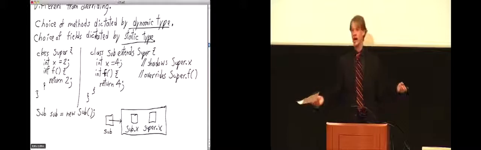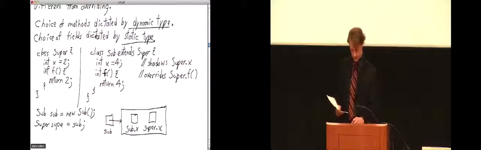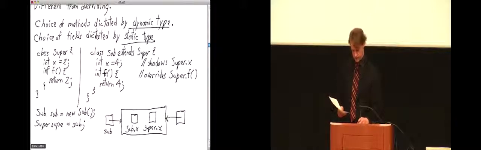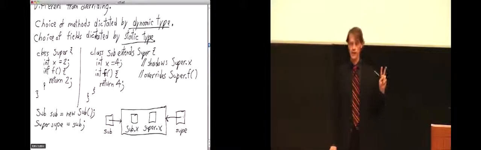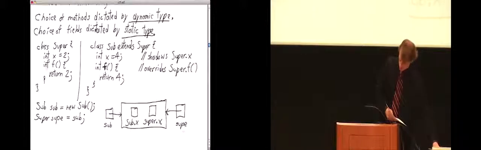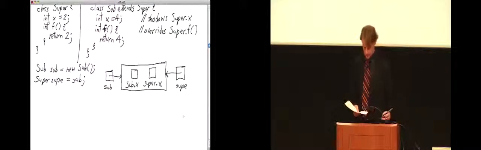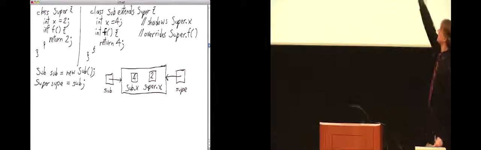And, of course, every sub is a super, so I can always declare a super type variable, sup, and assign it the same object. So now I've got two different references to that same object. But those two different references have two different static types. And of course, these have been initialized so that the superclass X is 2 and the subclass X is 4. Because that's what the initializers in these classes do.